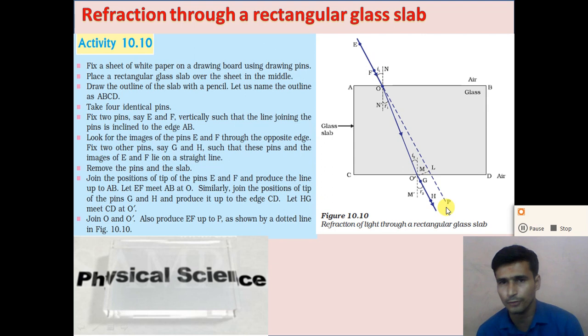View from the opposite side CD, and place another pair of pins G and H such that all the 4 pins E, F, G and H are in the same line. Now remove all the pins. We mark all the 4 pins E, F, G and H, and remove all the 4 pins and the glass slab.